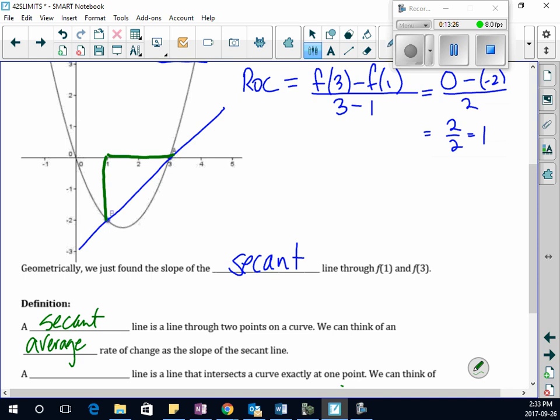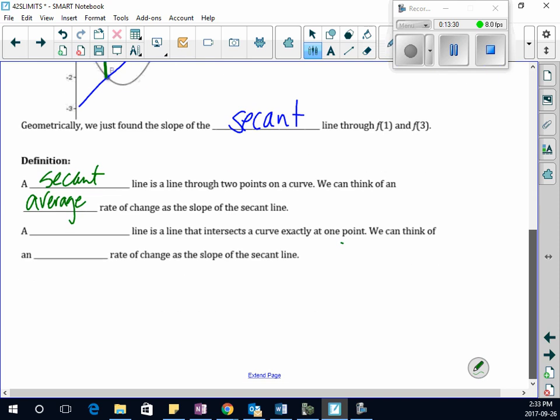Okay? So, what are we doing here? What did we say is exactly 1 point? A tangent line. A tangent line is the line that intersects the curve exactly once. We can think of this as an instantaneous rate of change. So this is the difference between the two.